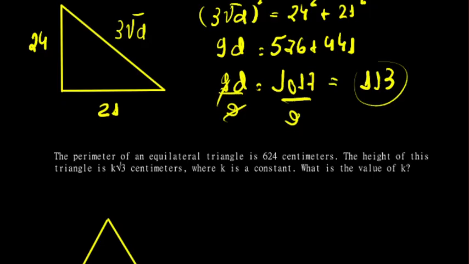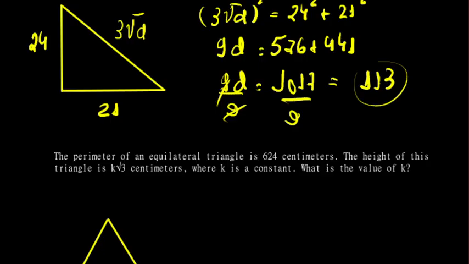Let's do then question number 3. The perimeter of the equilateral triangle is 624 centimeters. The height of this triangle is k multiplied by square root of 3 centimeters, where k is a constant. What is the value of k?